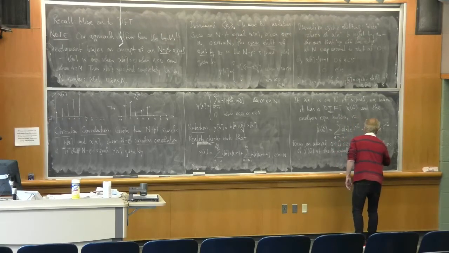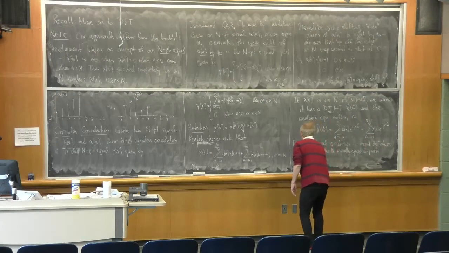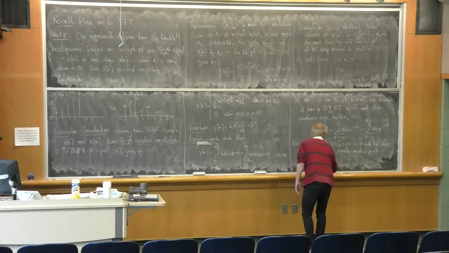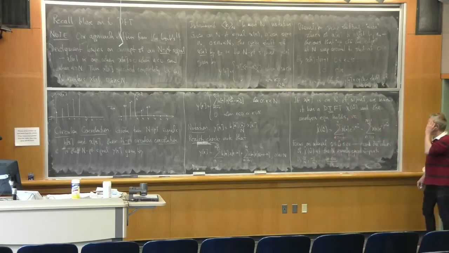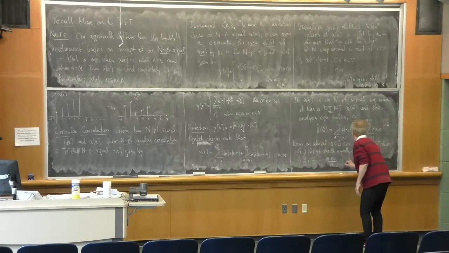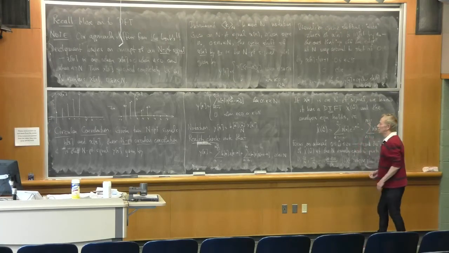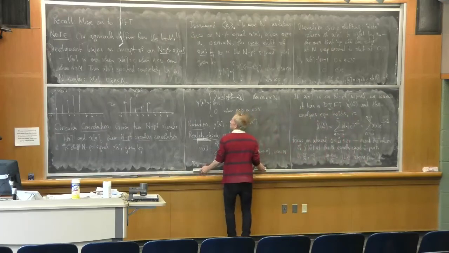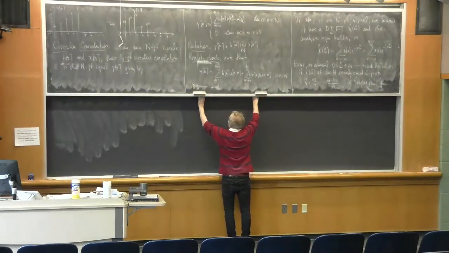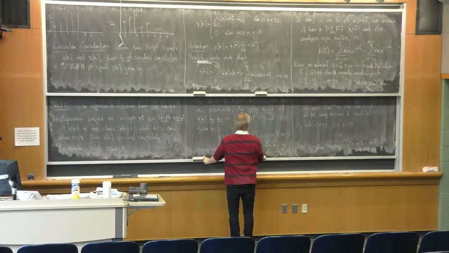What are they going to be? 0, 2 pi over cap N, 4 pi over cap N, all the way up through N minus 1 times 2 pi over cap N. So this is kind of like, quote unquote, sampling x hat of omega hat, the DTFT of x. It's recording a set of cap N values of the DTFT of x. When we do that, we get N numbers that are in general complex.